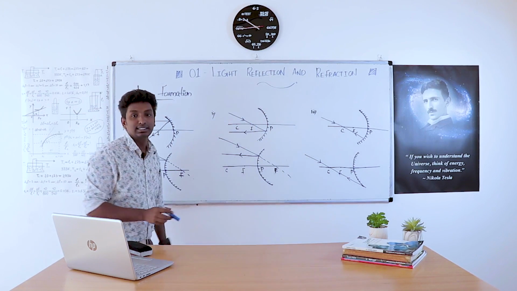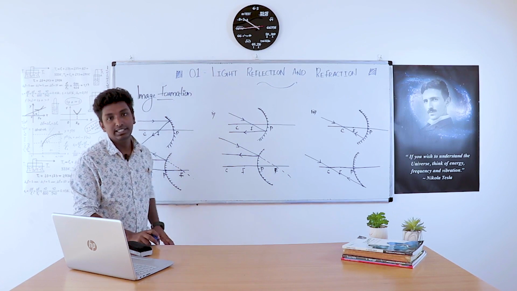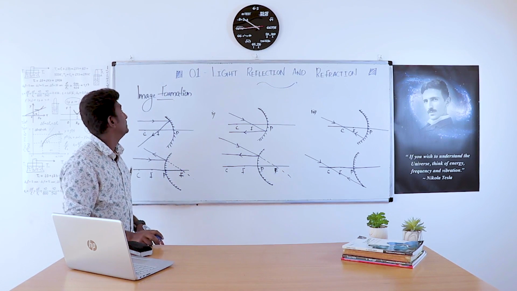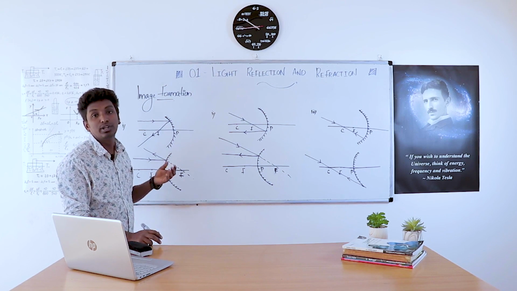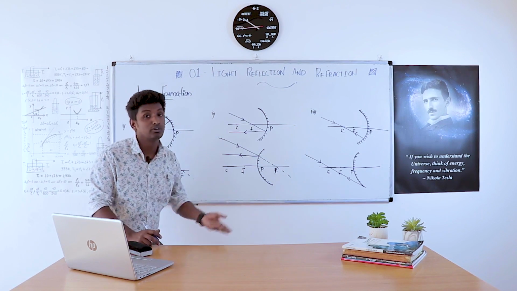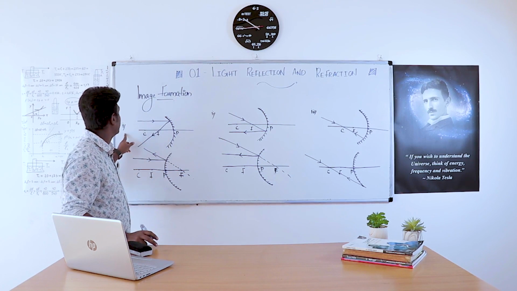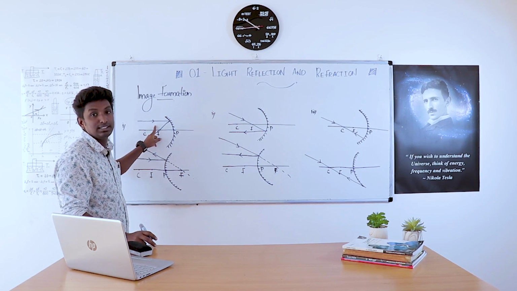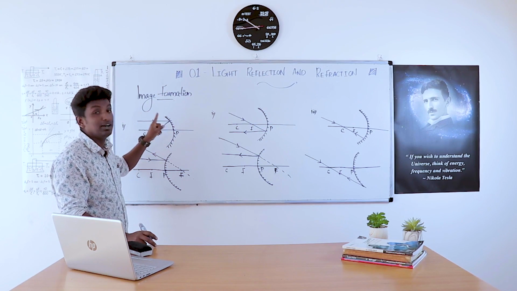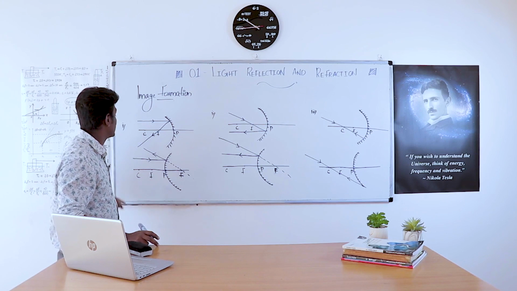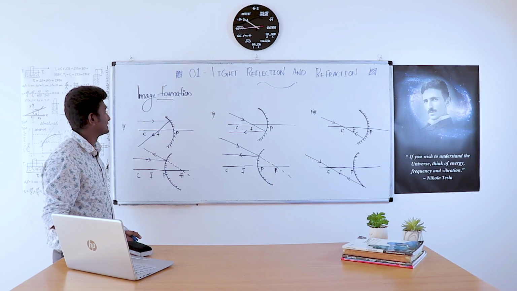So these are the three cases, or we can say these are the three laws which we need for drawing image formation by concave or convex mirror. First, when a ray of light comes parallel to the principal axis, after reflection it passes through the focus.